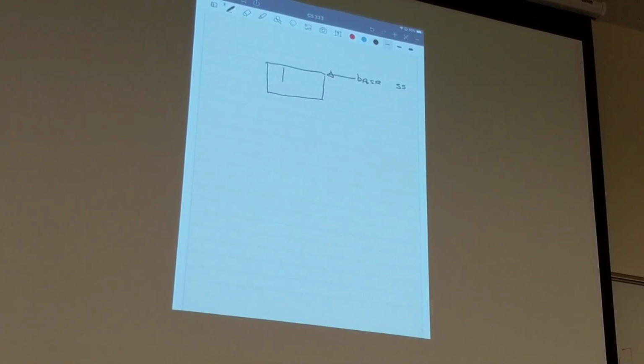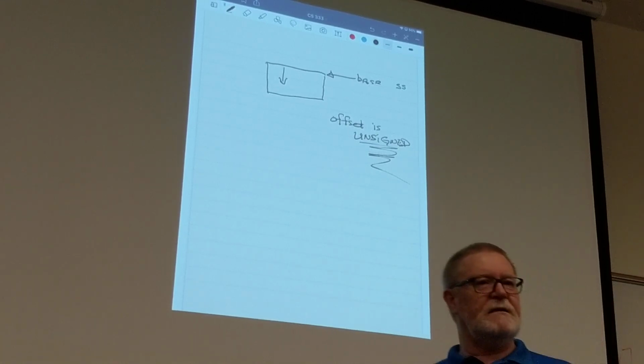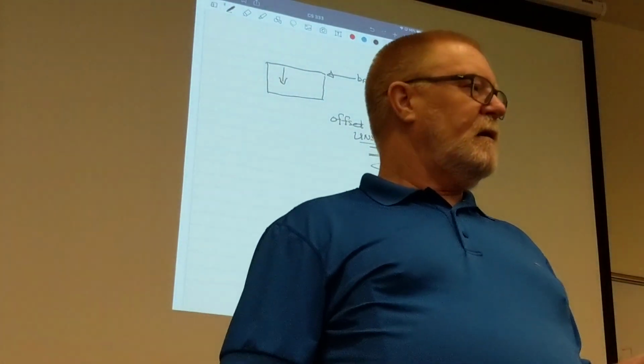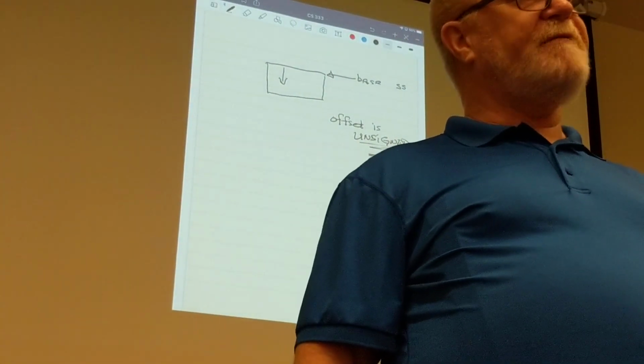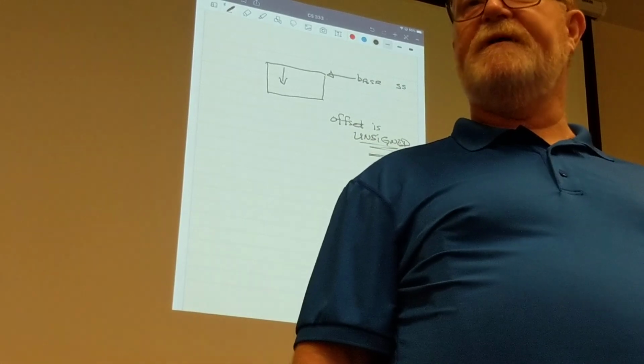And note that it grows down. But offset is unsigned, which means the offset is a positive number. But base plus offset will automatically put us outside this segment, won't it?